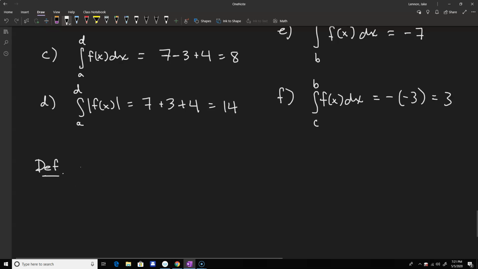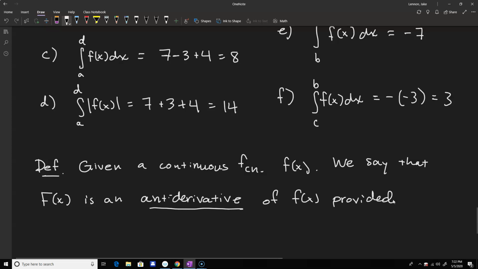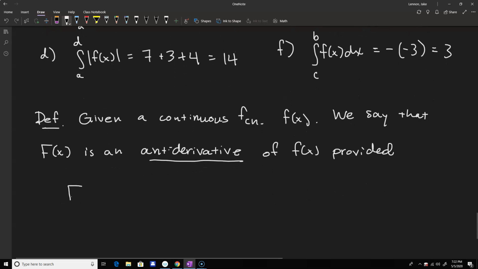So let's write down the definition here. Given a continuous function, let's say little f of x, we say that capital F of x is an antiderivative of little f of x, provided when you take the derivative of capital F of x, you get exactly little f of x.